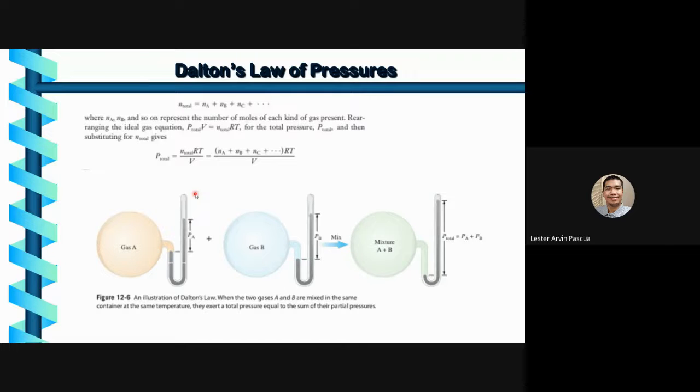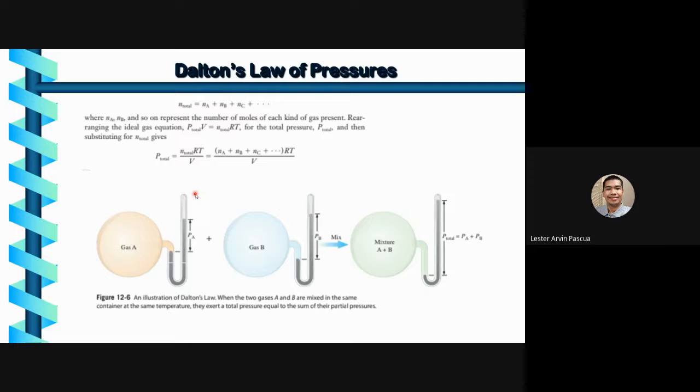Okay. So Dalton's law of pressure is essentially saying na yung total number of moles mo in a container is just the sum of the number of moles ng bawat component na nandoon. Okay? Isa pa.